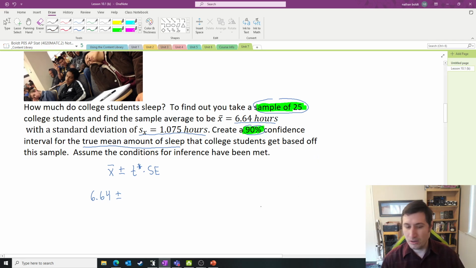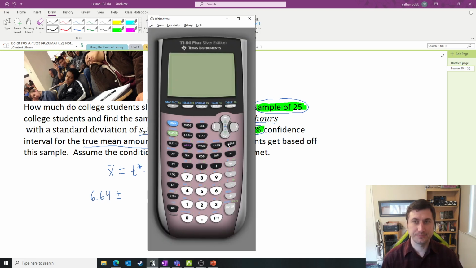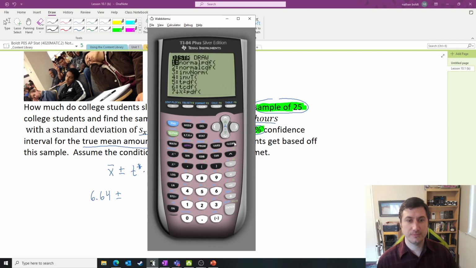When we type this into the calculator, remember where it is? It's essentially an inverse norm, but not for a normal model. It's for a t distribution, so it's an inverse t. Second distribution. Right underneath inverse norm is inverse t.